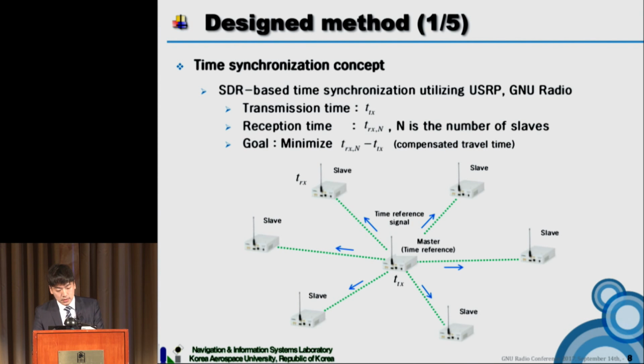After that, the slaves receive the time reference signal from the master. Its signal reception time is T_Rx. So the goal of time synchronization is to minimize the time difference between the signal reception time and the signal transmission time, and it also compensates for each signal's travel time.